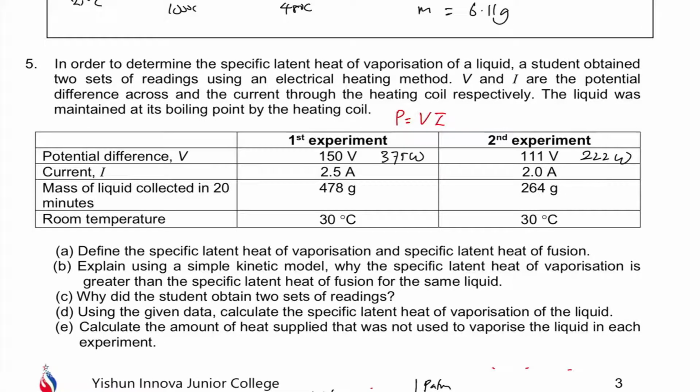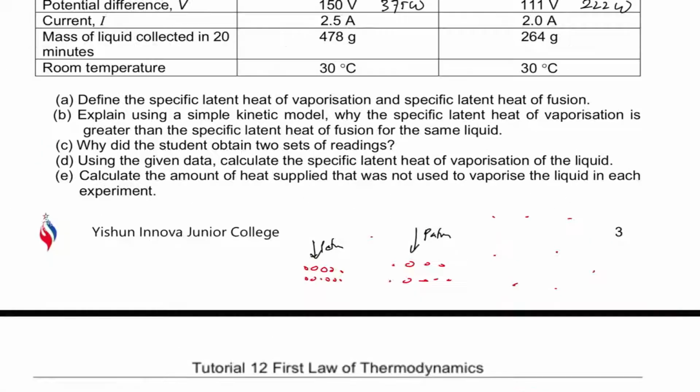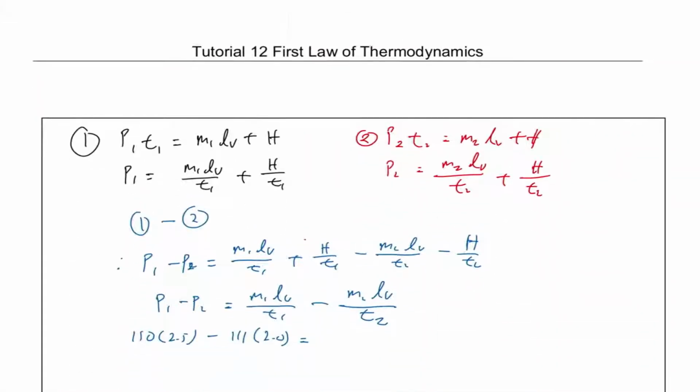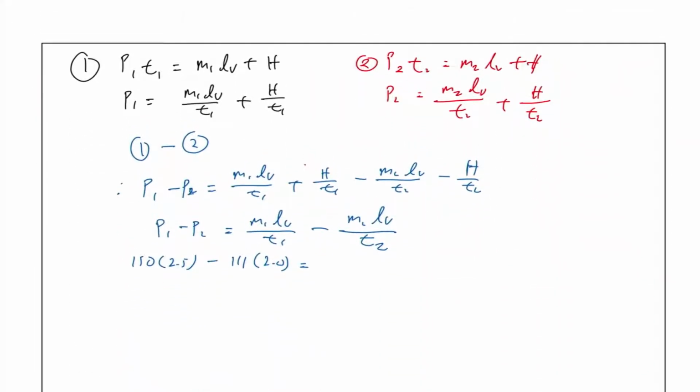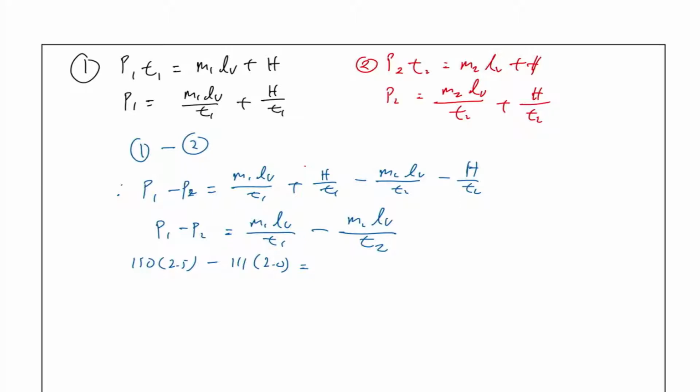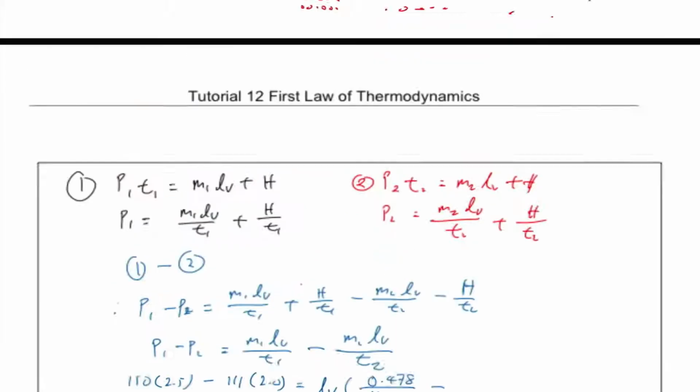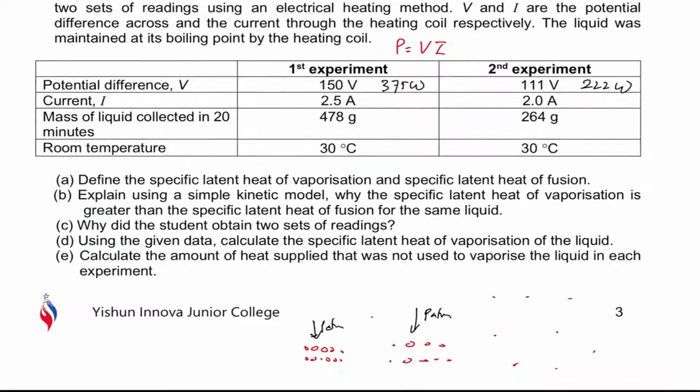Oh, 20 minutes. Okay, so this one is 478 grams and 264 grams. Basically, I can take out LV and put it over here. So this is 0.478 over 1,200, sorry, extra 0, minus 264 grams.